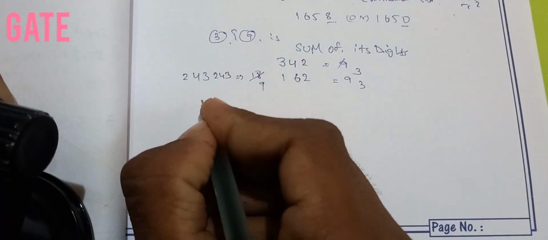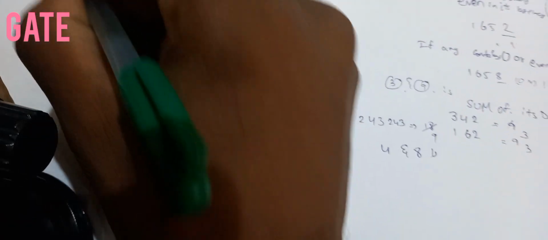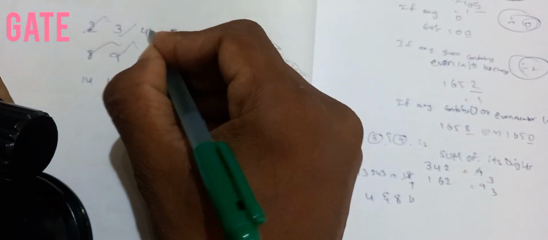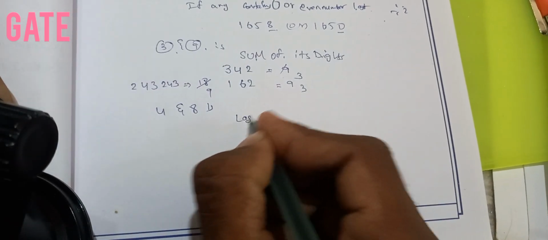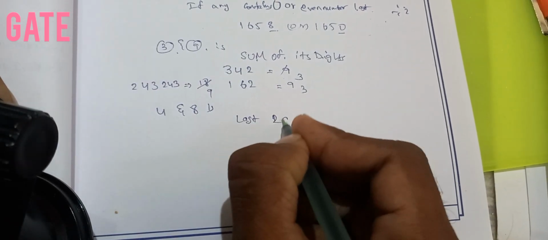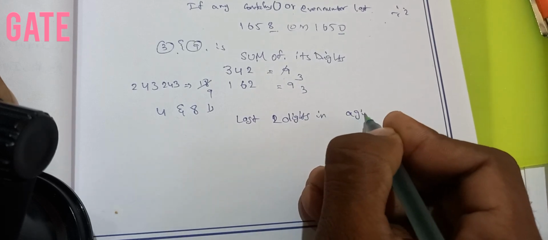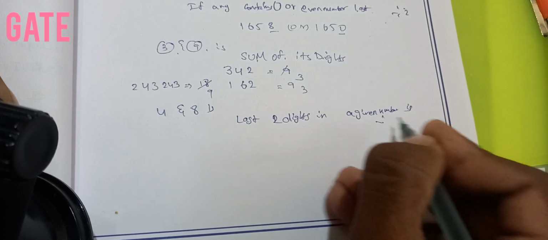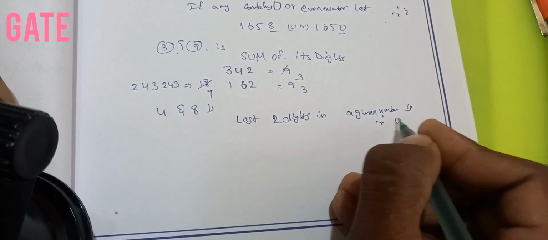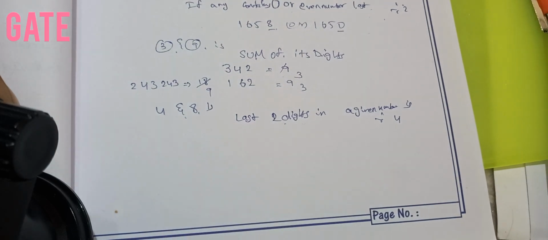Then the divisibility rule of 4 and 8. If the last two digits in a given number are divisible by 4, then the number is divisible by 4.